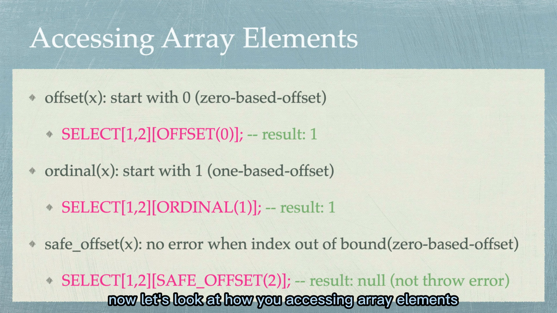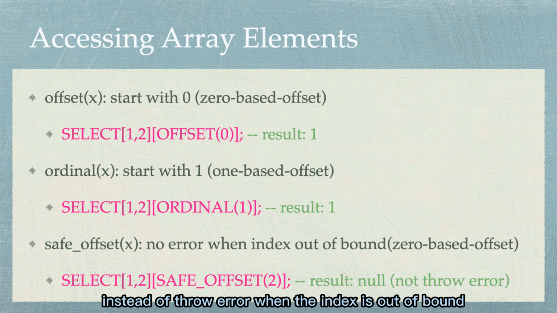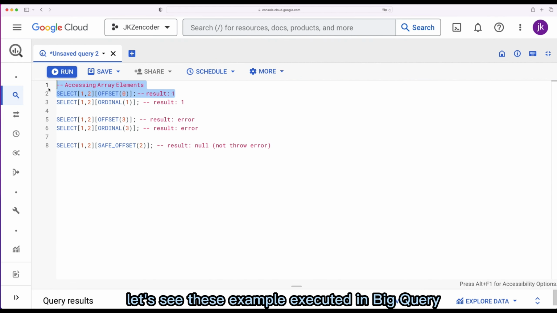Now let's look at how you access array elements. You can use OFFSET, which is a 0-based offset, or use ORDINAL, which is a 1-based offset. You could also use SAFE_OFFSET, which will return null instead of throwing an error when the index is out of bounds. Let's see these examples executed in BigQuery.